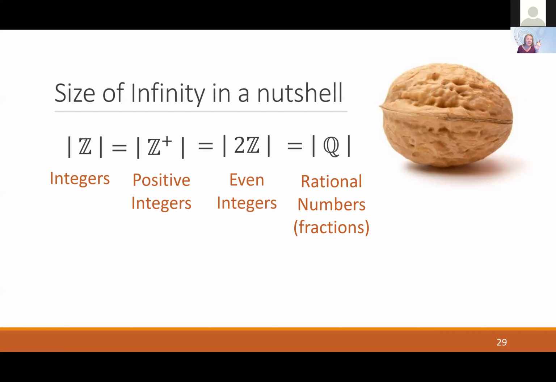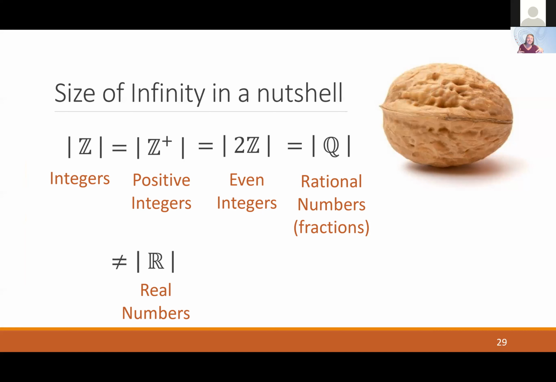Because we can define a function, we have a way that we can list all those numbers. Whether we actually list them all is irrelevant. The fact that if we needed to, we could is what we're after. And it turns out that that's not equal to the size of the real numbers. The real numbers, all of those decimals he was talking about, there is no way to list them.